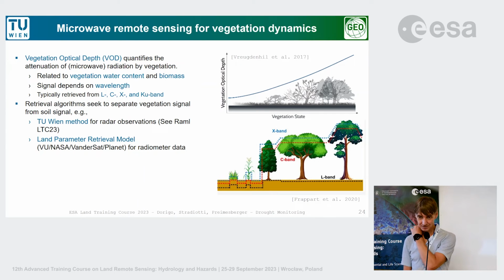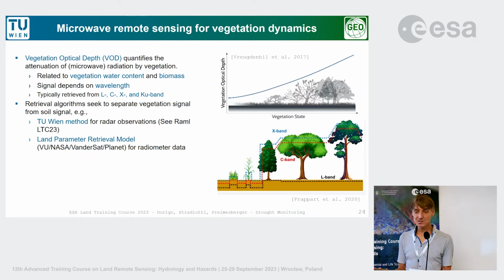And I think Bernard did a very good job. But you need to be aware that VOD depends, of course, on vegetation water content and biomass, but it also depends on the wavelength, so on the frequency of the observation. That means, for example, L-band, which has a frequency of 1.4 gigahertz, is better able to penetrate the canopy, or at least the upper layers of the canopy, and has a lower vegetation optical depth.